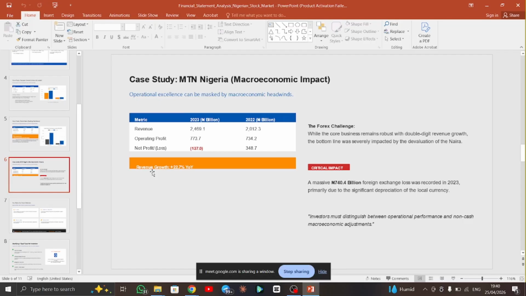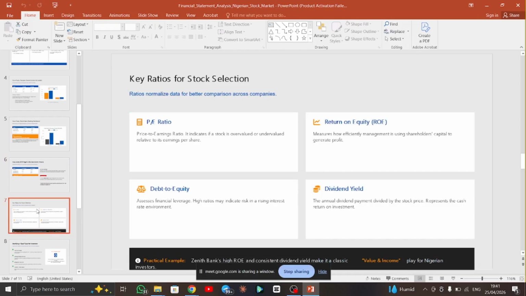In as much as we have MTN Nigeria, it's being controlled by the main MTN as a conglomerate, right? So that's why it's being affected because of the exchange rate. Now, if we go ahead to the next slide, we are going to look at the key ratios for stock selection.